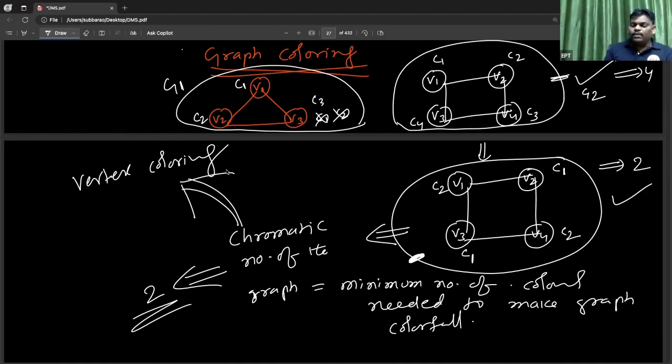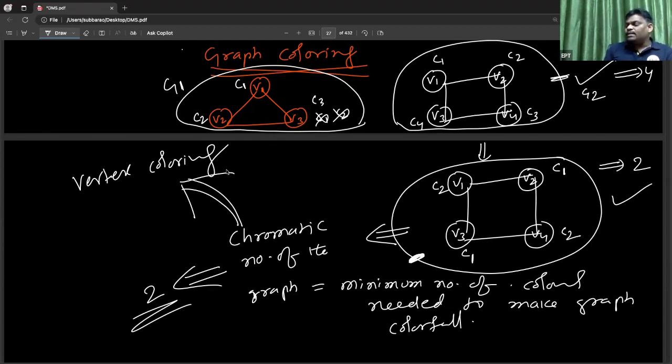In the given graph, no two vertices contain the same color. If you can make the total graph like this, then I can say graph coloring is done. Suppose for the given graph you used 5 colors and someone used 3 colors, then 3 is better. Suppose less than 3 is not possible, then it is called the chromatic number of the given graph.